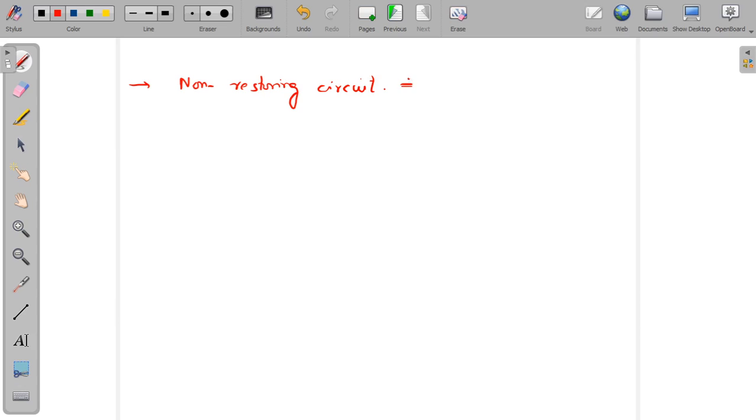If some circuit is non-restoring, it means that if the input is degraded, then the output will also be degraded.